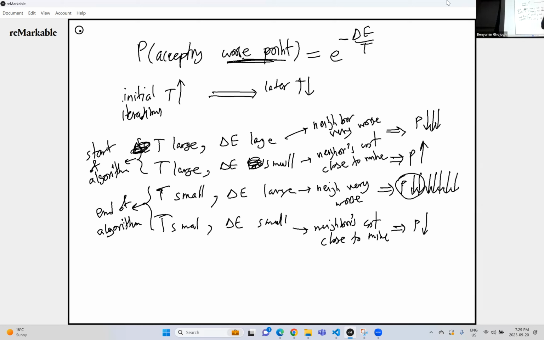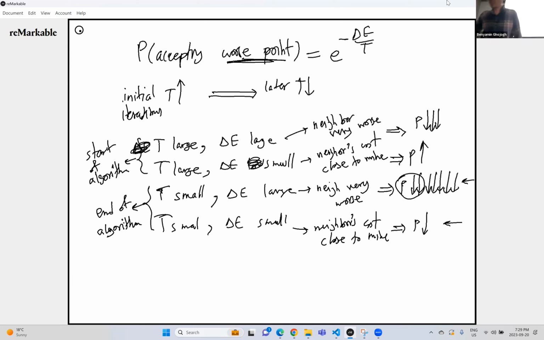The probability is too small, because if the cost of the neighbor is awful, and the temperature is also small, two awful things make the probability very awful, right? So this is the case. Here, I'm at the end of the algorithm, but my neighbor's cost is a bit worse than me. Still, my probability is low because I'm at the end of the algorithm. As I said, at the end, I usually exploit.